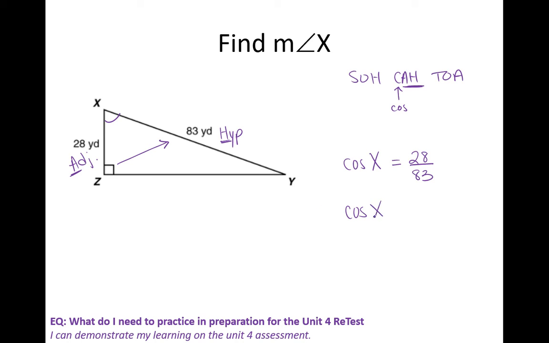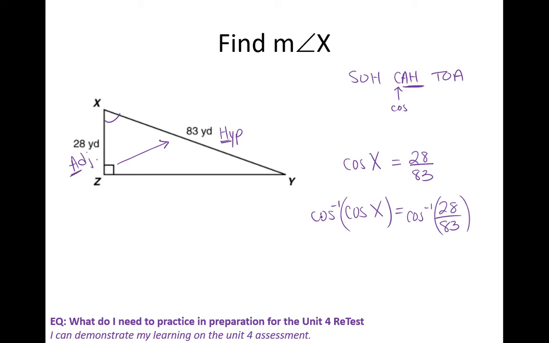So I'm just going to rewrite my equation first really quickly. All right, so I rewrite the equation, and I'm going to inverse cosine both sides. So I do the little cosine with the little -1. That's inverse cosine on the left and inverse cosine on the right.